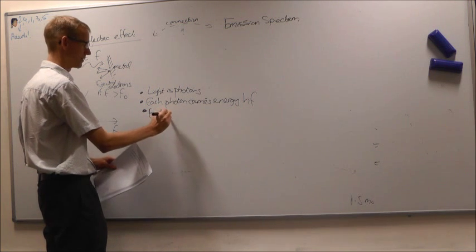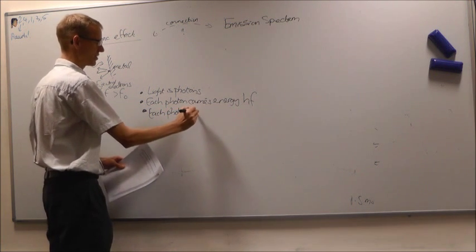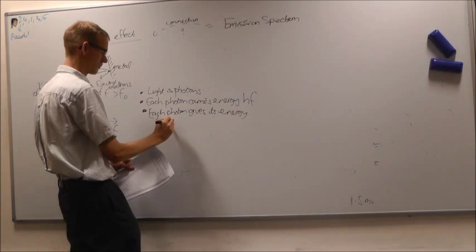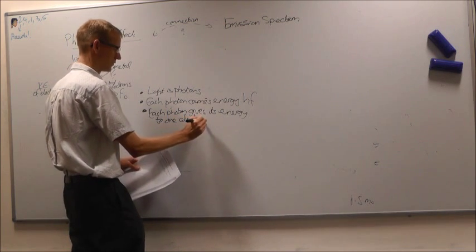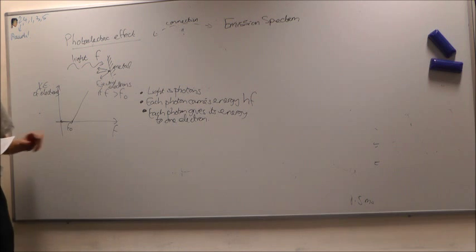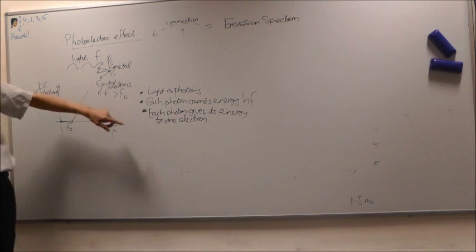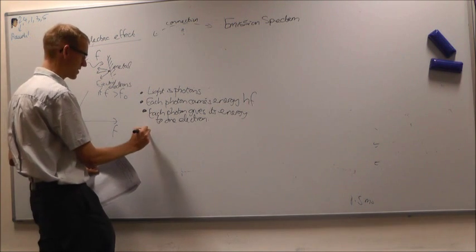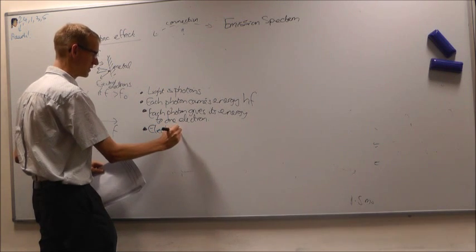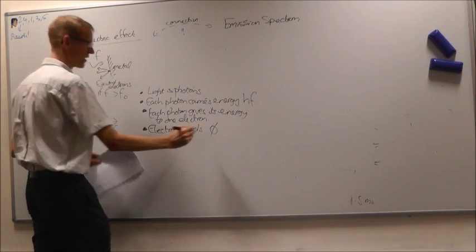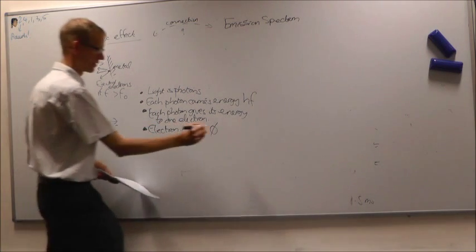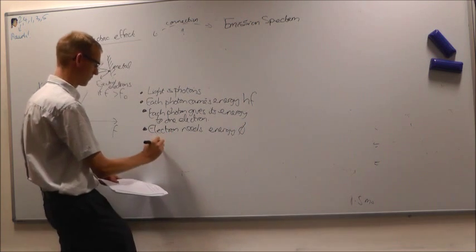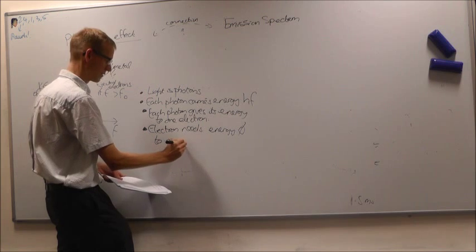Each photon gives its energy to an electron. Question, is that enough energy for the electron to escape? If it's not, you're down in this regime. So the electron needs energy phi, the work function, to escape the metal.